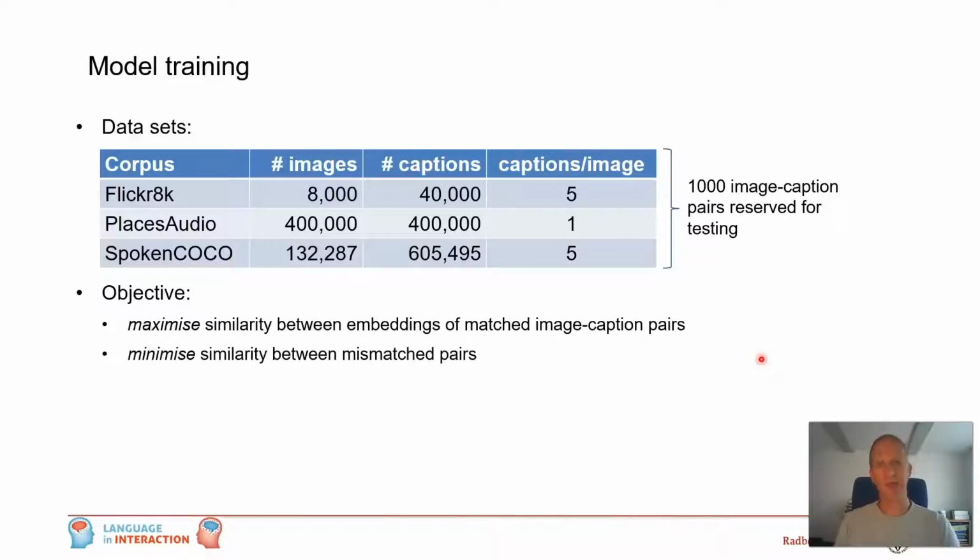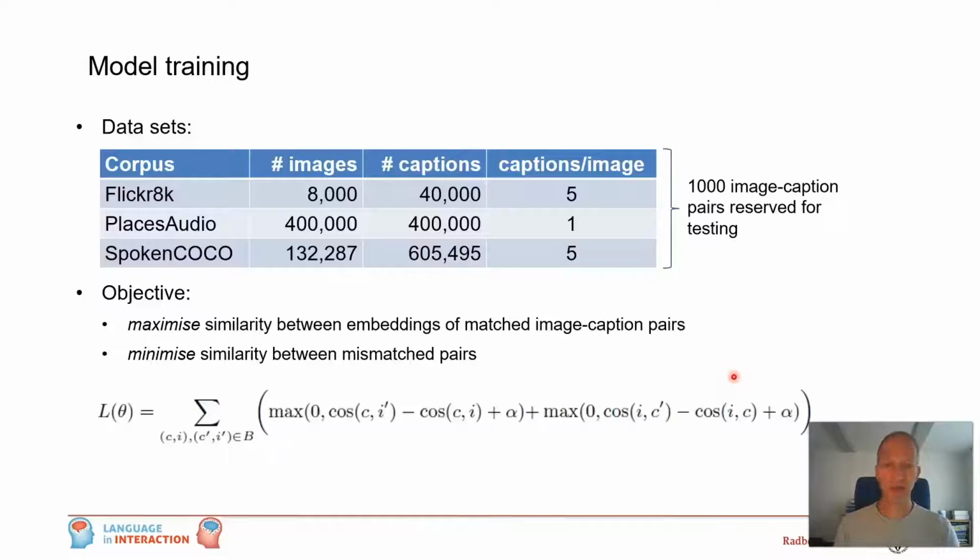So it also needs to minimize the similarity between pairs that are mismatched, so captions that do not belong to the image, and vice versa. If you'd like to see the precise loss function, this is it. Here we have pairs of captions and images, denoted by C and I. These are two such pairs from a certain training batch, where they match, so the caption and the image belong together in a pair.